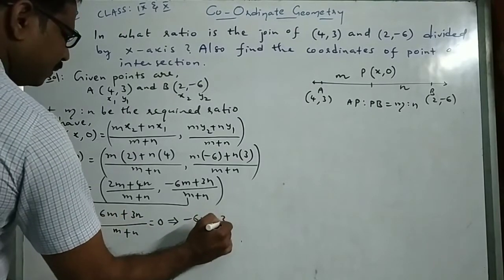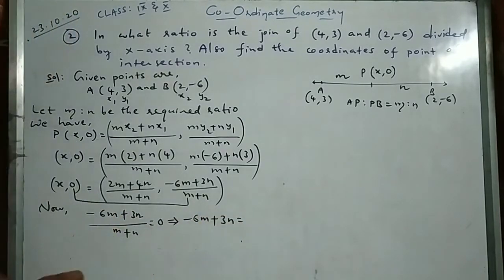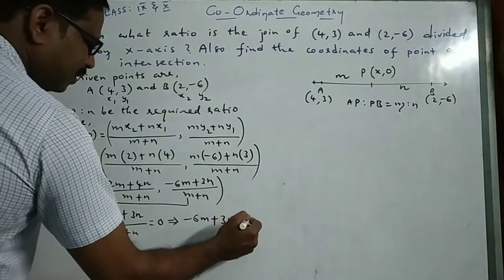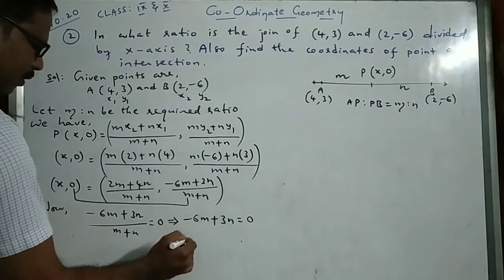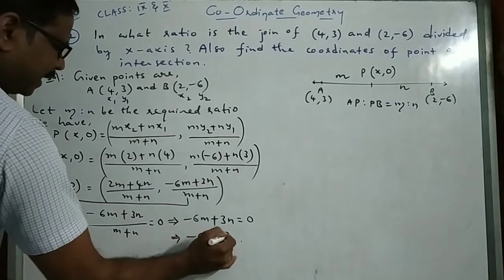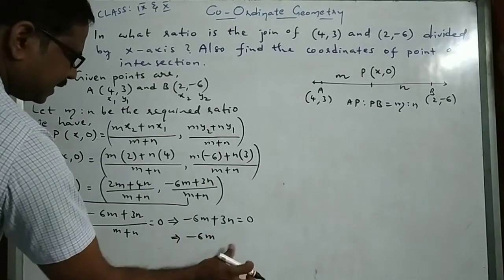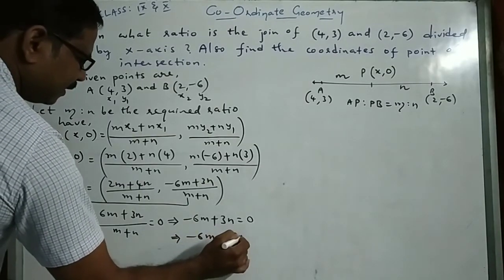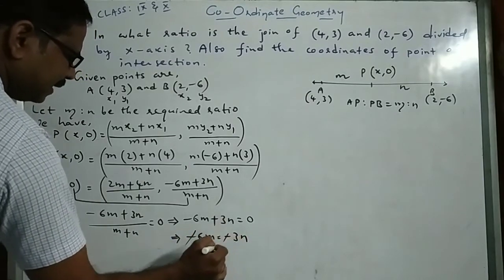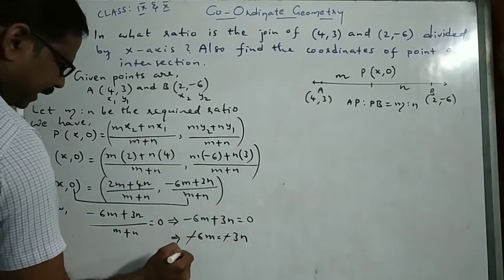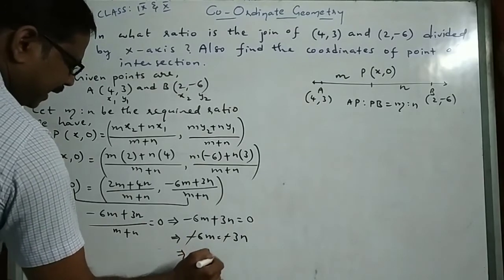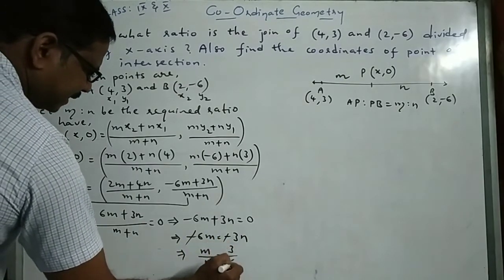Minus 6m plus 3n equal to, if you take cross multiplication, 0 into (m plus n) will be 0. So minus 6m plus 3n, you shift that side, minus 3n, minus minus cancel. So I want m by n equal to 3 by 6.